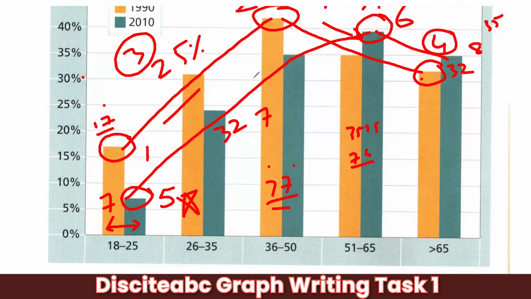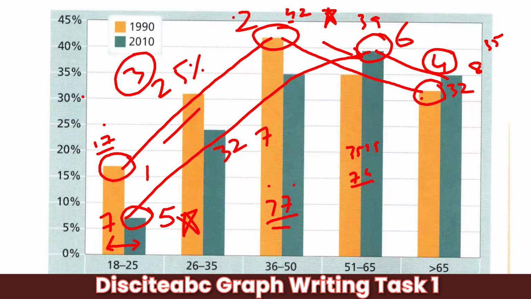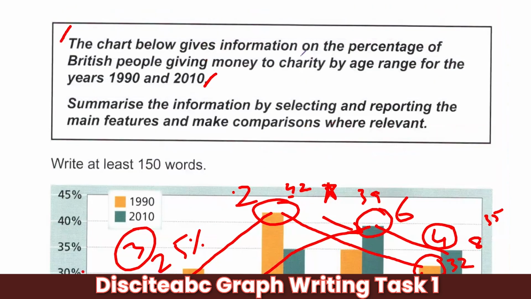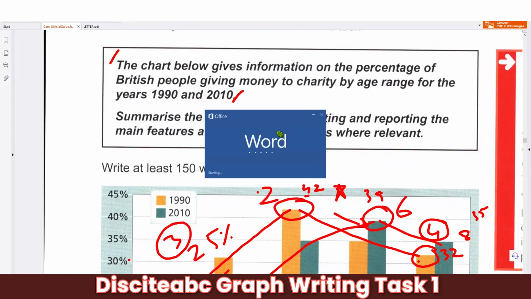Now, let's try to write this one. Let's go on to writing and actually try to write this one. The chart below gives information on, so let's see what we can do instead.